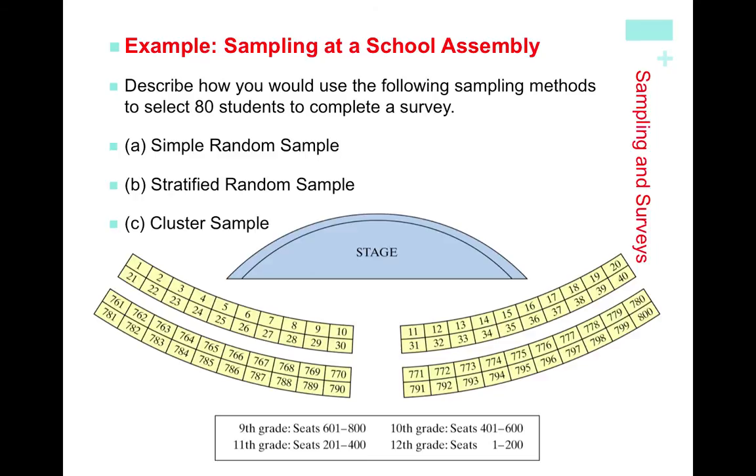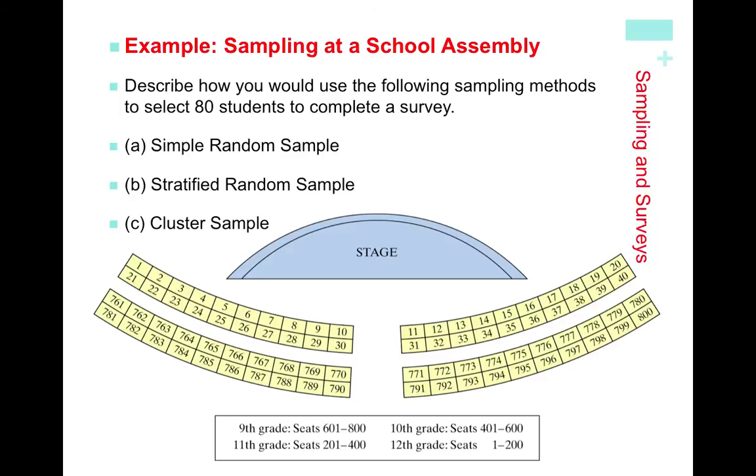So 1 to 200 would be one group, 201 to 400 the other group, and within those 4 groups that are the same within, we'll choose 20 simple random samples.